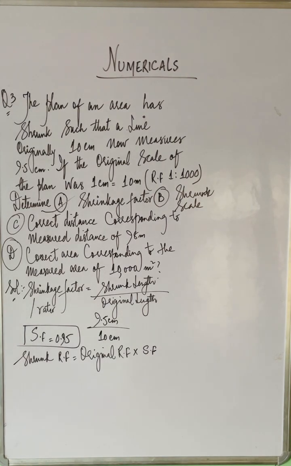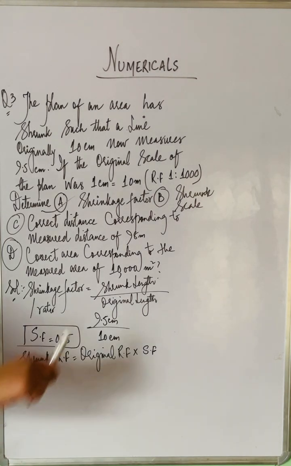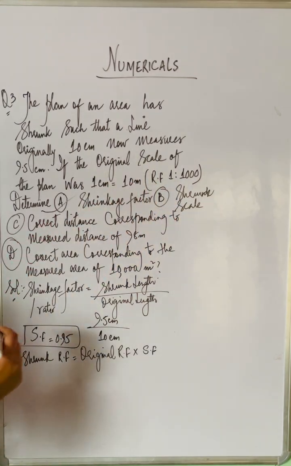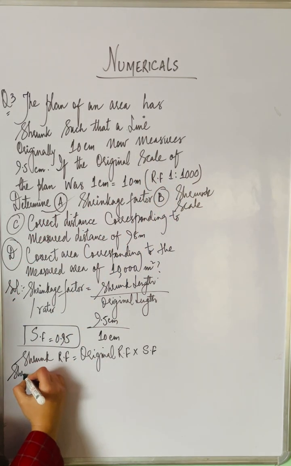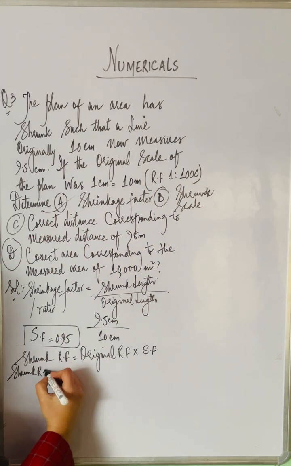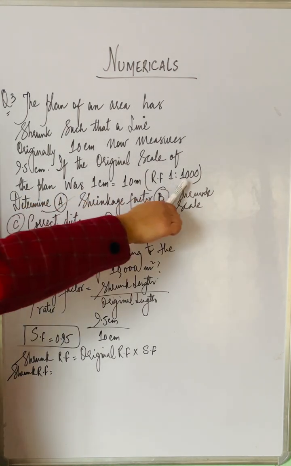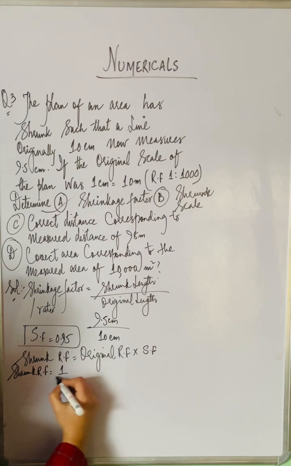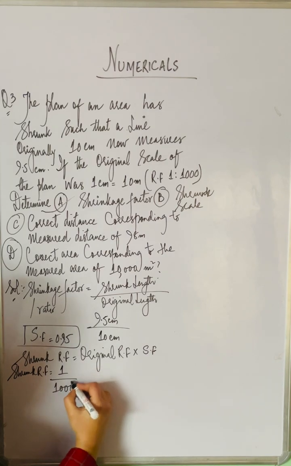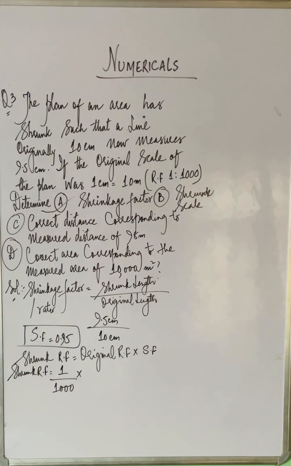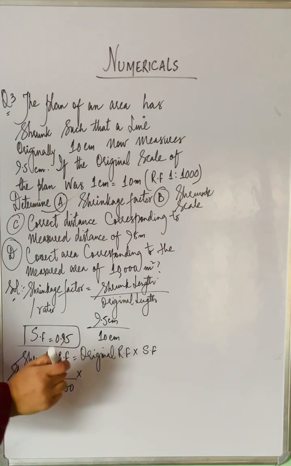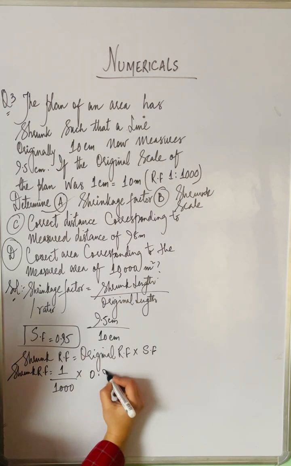What is our original representative fraction? This. Shrunk representative fraction will be equal to original representative fraction, which is 1 by 1000, multiplied by the shrinkage factor, which we calculated as 0.95.